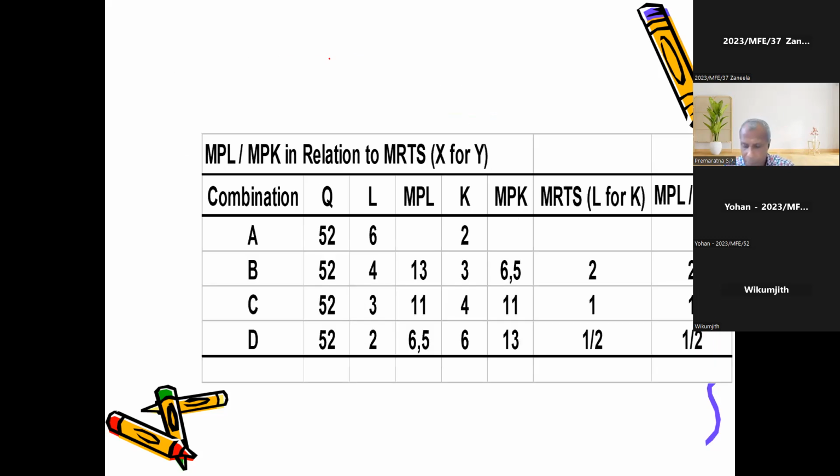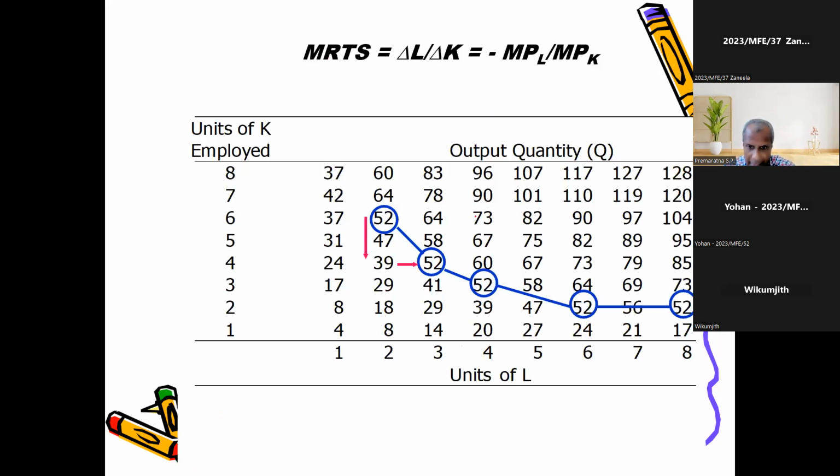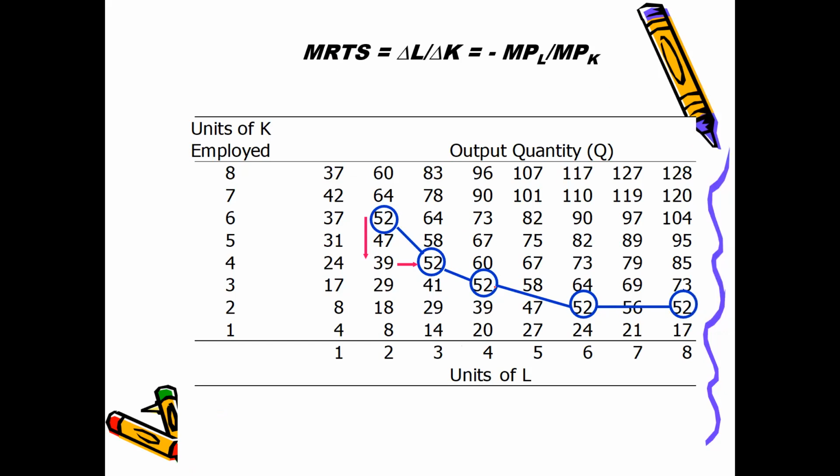For example, if you go back and look here, this is one isoquant curve. To produce 52, we have to find the optimal input combination.